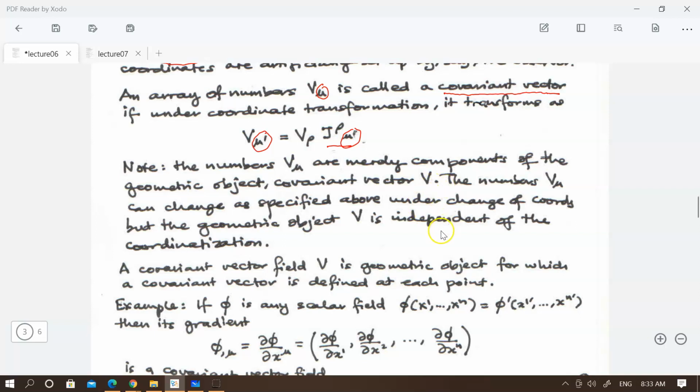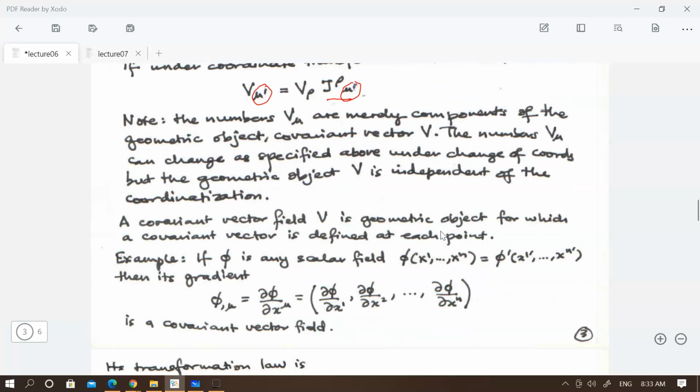So this is the thing that one has to be more careful about when you describe things in a much more general way. The object here, which is geometric, doesn't have an index.